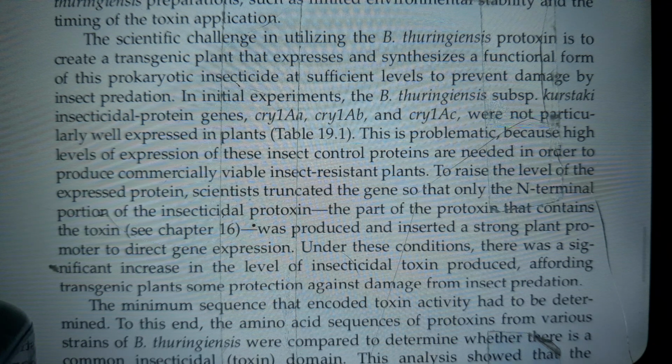In initial experiments, the Bacillus thuringiensis subspecies kurstaki insecticidal protein genes cryIAa, IAb, IAc were not particularly well expressed in plants. This is problematic because high levels of expression of these insect control proteins are needed in order to produce commercially viable insect-resistant plants.